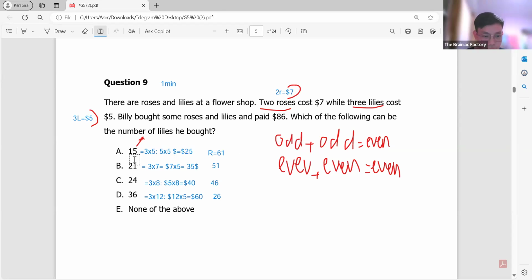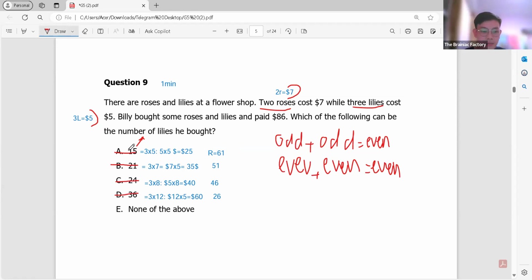So the price of the roses is supposed to be odd, but this 61 is indivisible by 7, so we have to cross it out. 51 is also not divisible by 7, we cross it out. 46 as well, I guess, and 26 as well.